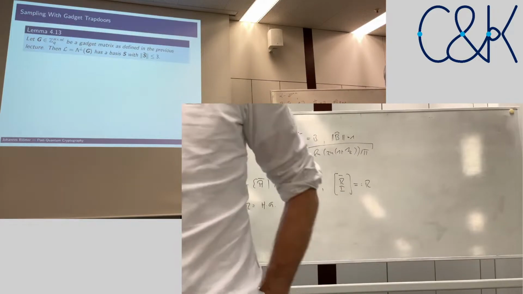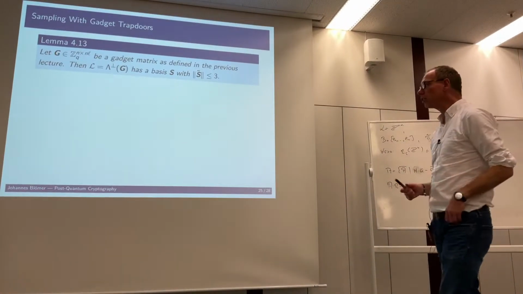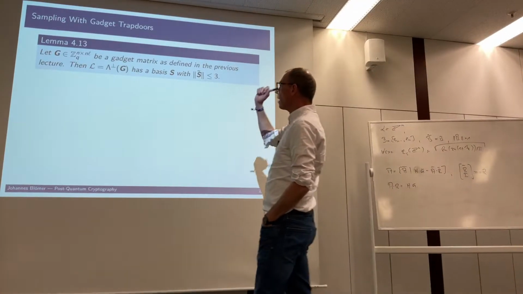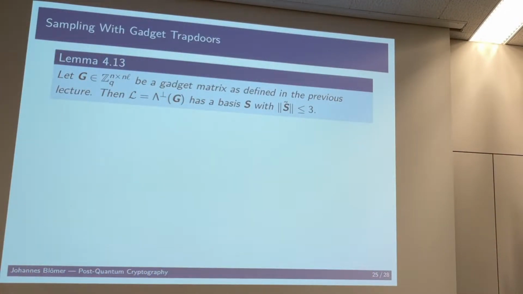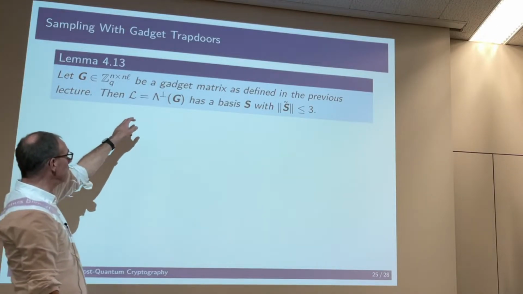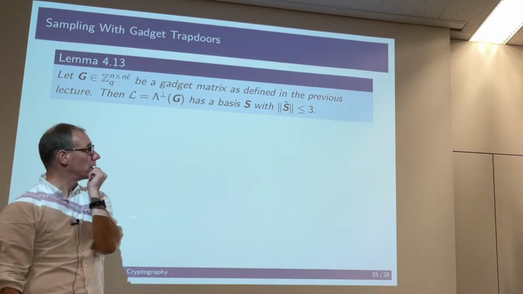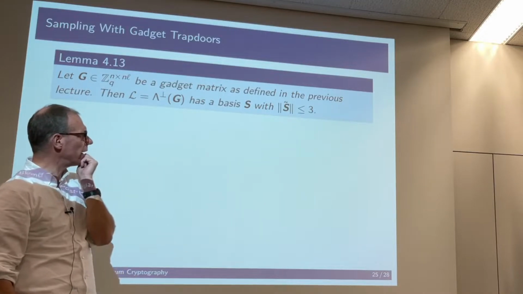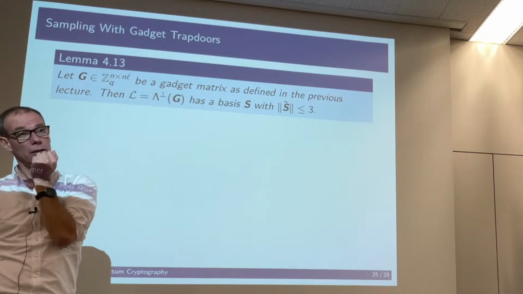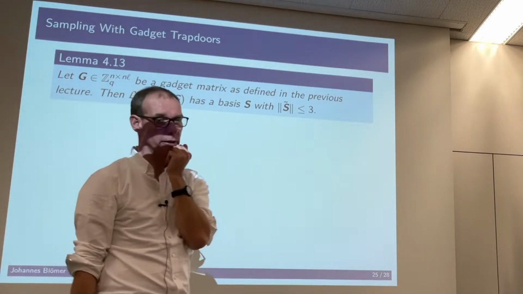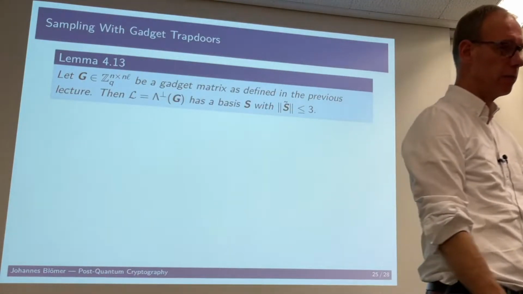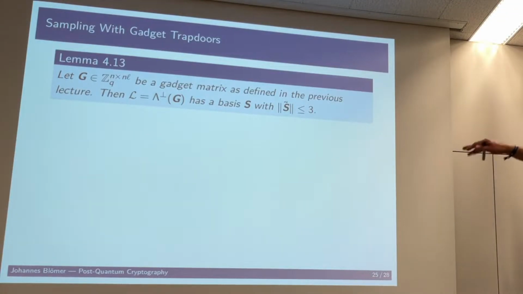And in fact, one of the results that I didn't mention there is that when we have this gadget matrix G, then this lattice lambda perp of G has a basis where the Gram-Schmidt version has length at most 3. In fact, it's square root of 5. And there's an explicit formula for this S, quite simple.